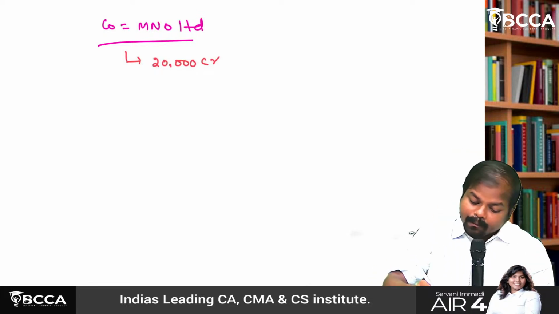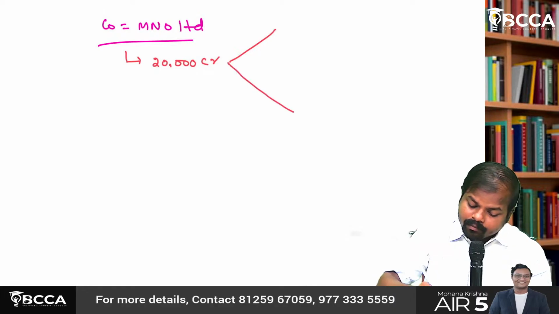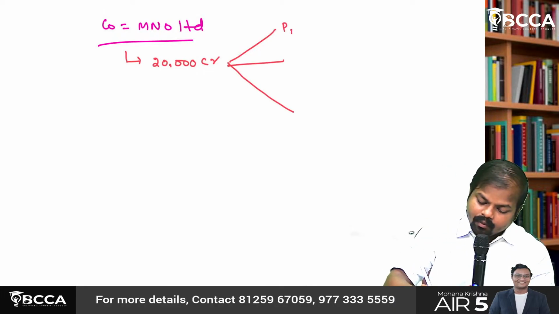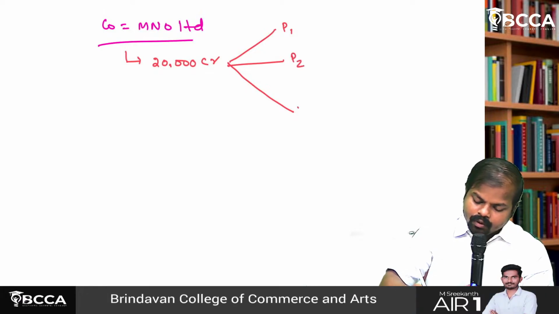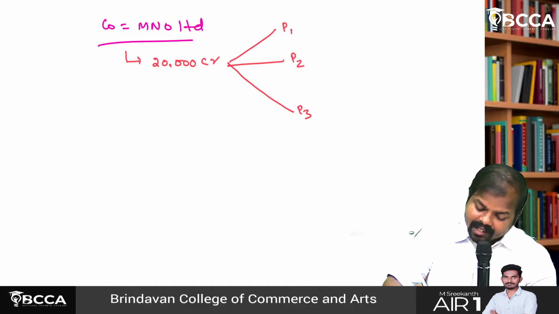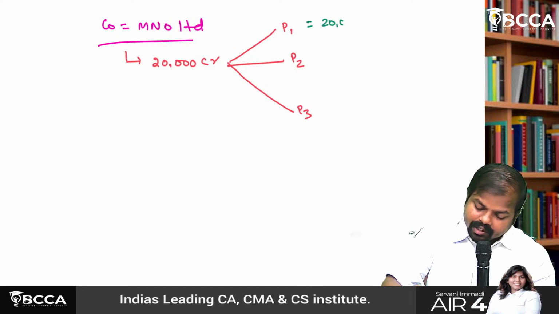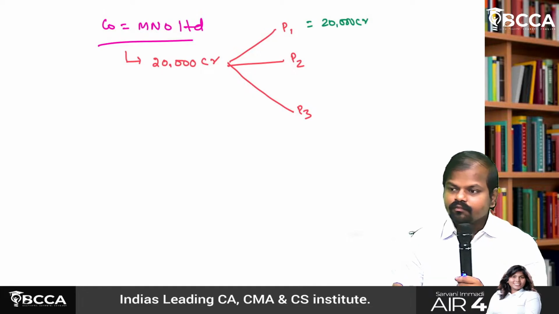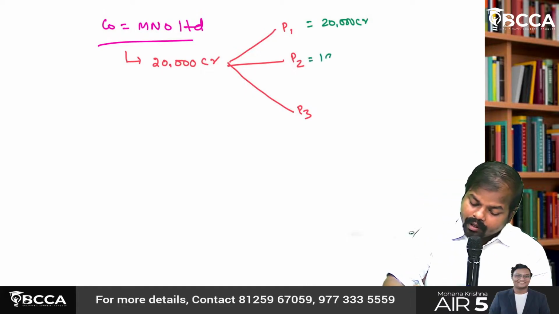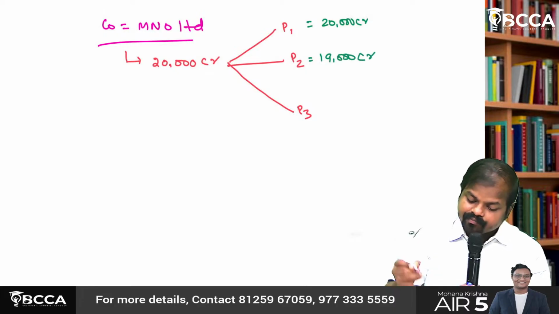The company has 3 projects. Project number 1, investment is equal to 20,000 crores. Project number 2, 19,000 crores.